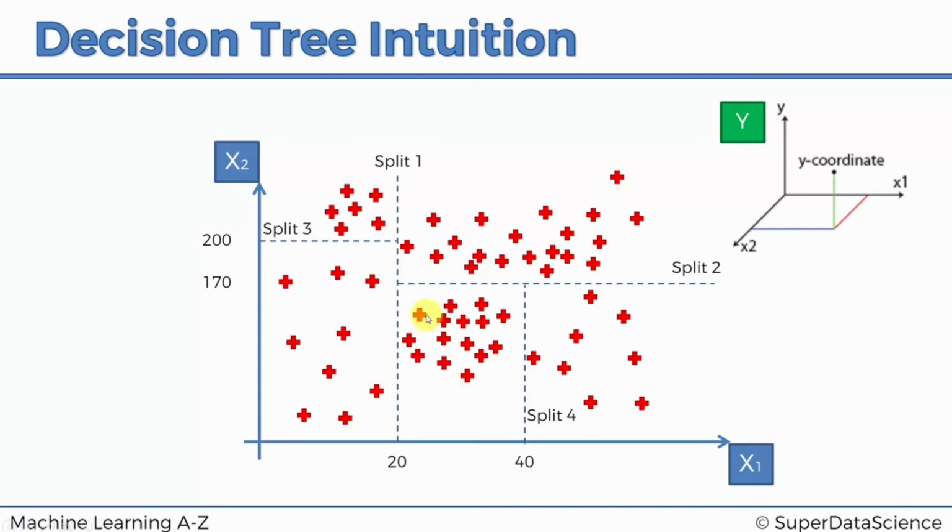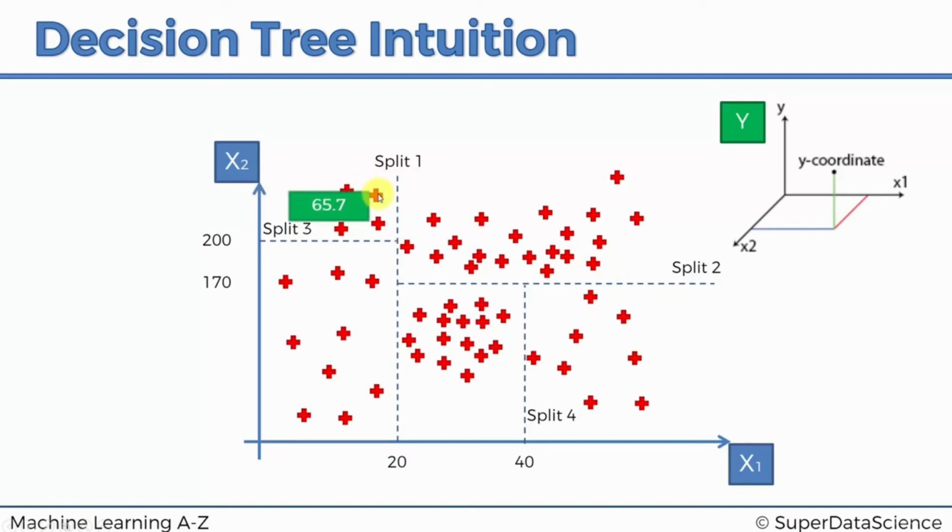You just take the averages of each of your terminal leaves. So you take the average of y for all of these points, and that will be the value assigned to any new point that falls in this terminal leaf. Same for this terminal leaf, same for this one, and same for this one.